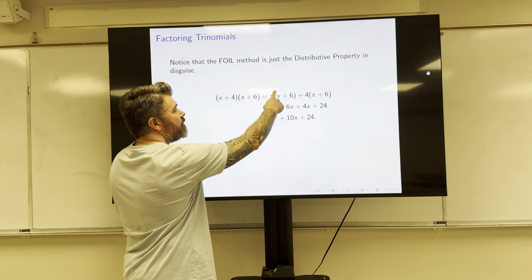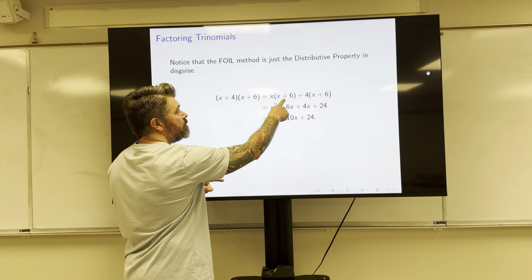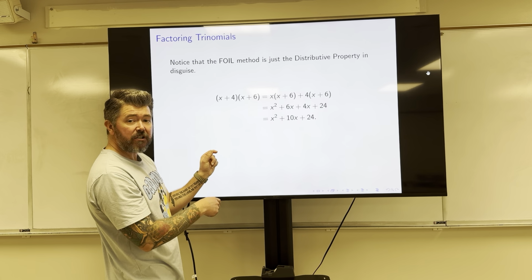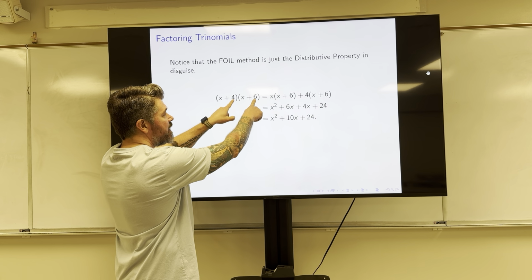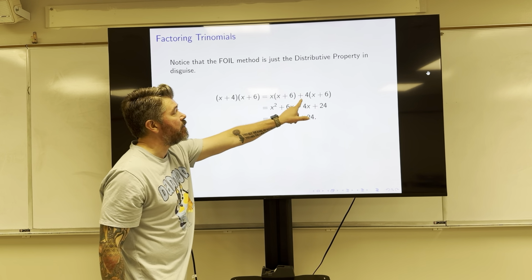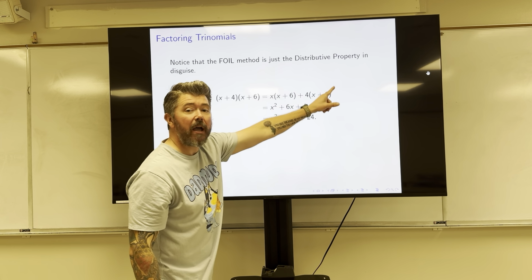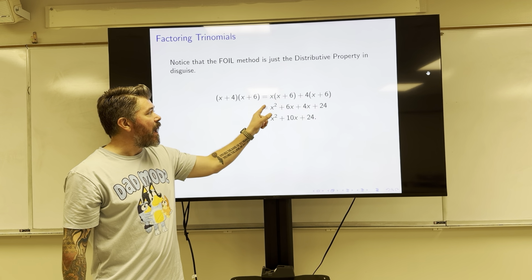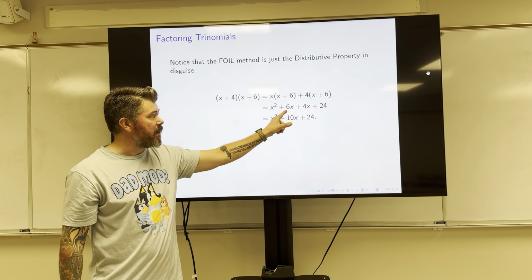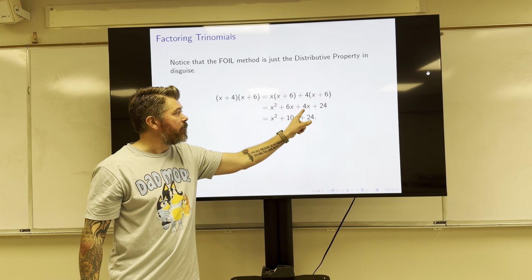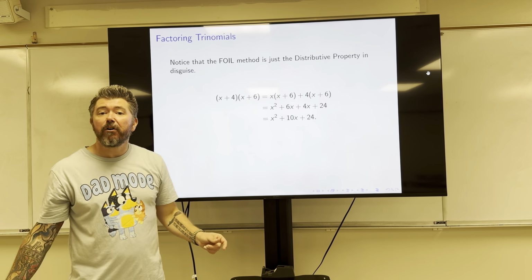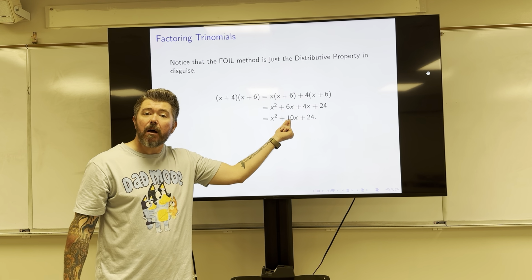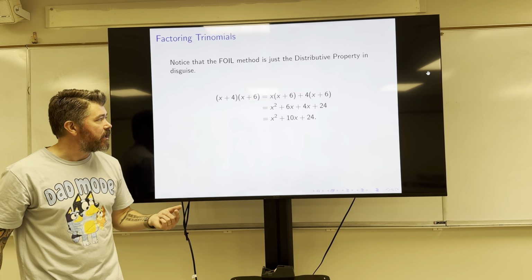So really we can think of that as taking the first term times the entire second polynomial, and then our inner term and last term, inner last, is going to come from taking the second term times my entire second polynomial. And then I can distribute x squared plus 6x, and I can distribute 4x plus 24. Now notice we're in that scenario where the middle terms combine to become a single degree 1 term here.